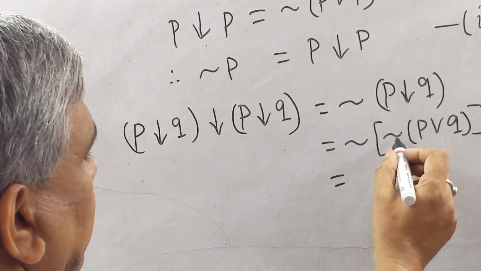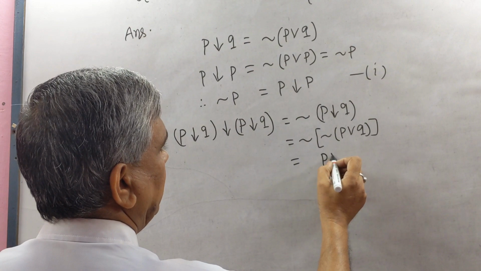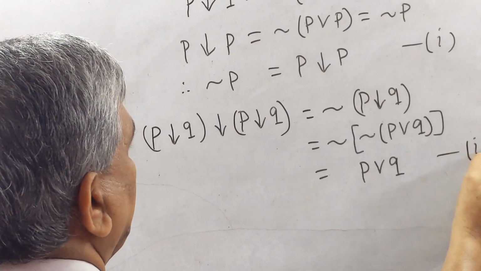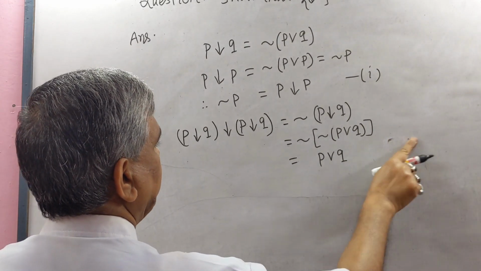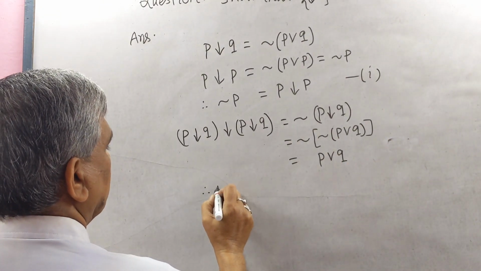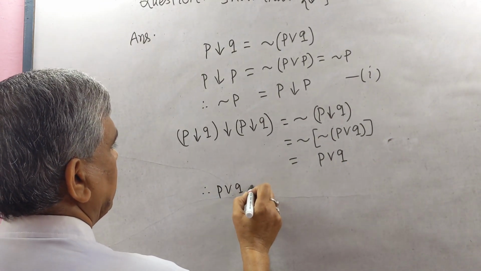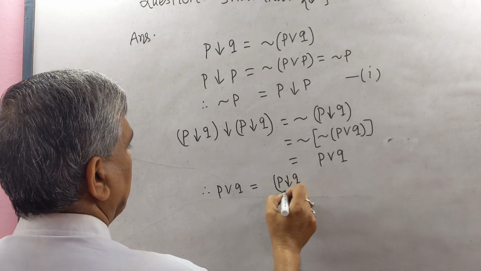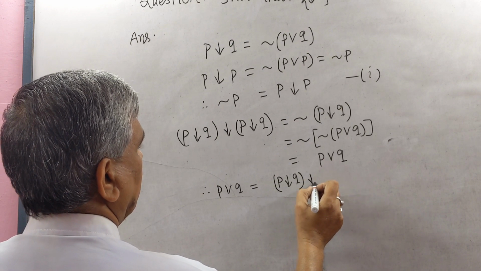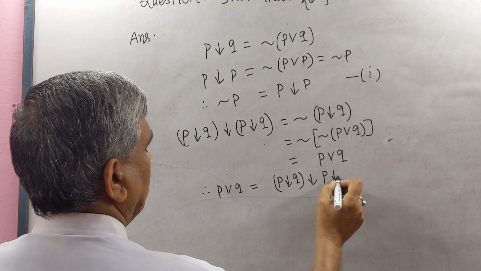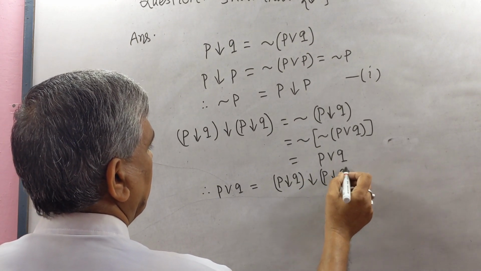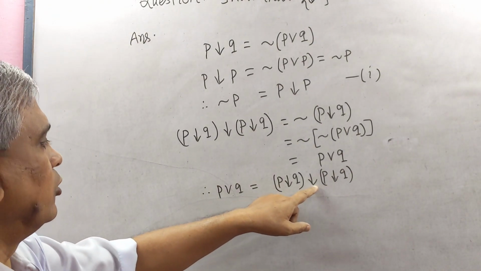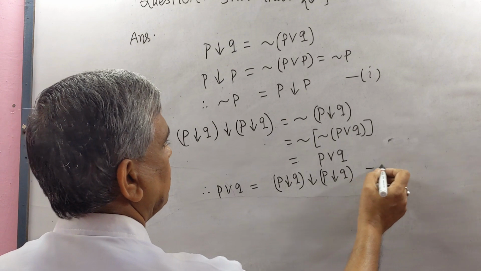So negation cancels out. So P disjunction Q. Therefore P disjunction Q is expressed as P NOR Q, NOR P NOR Q, by the connective NOR only. This is number 2.